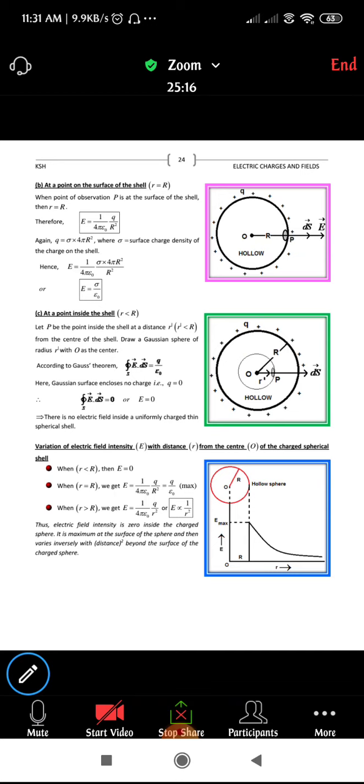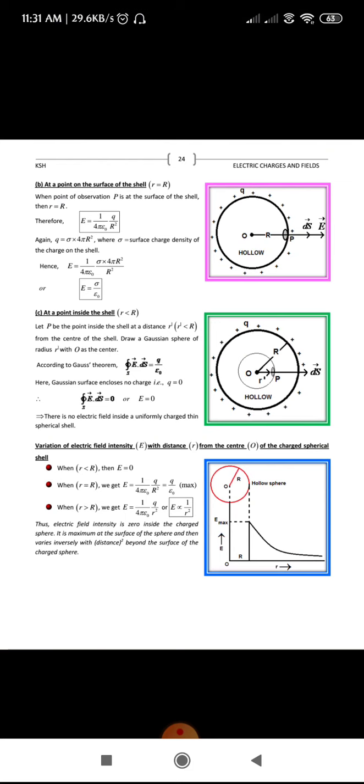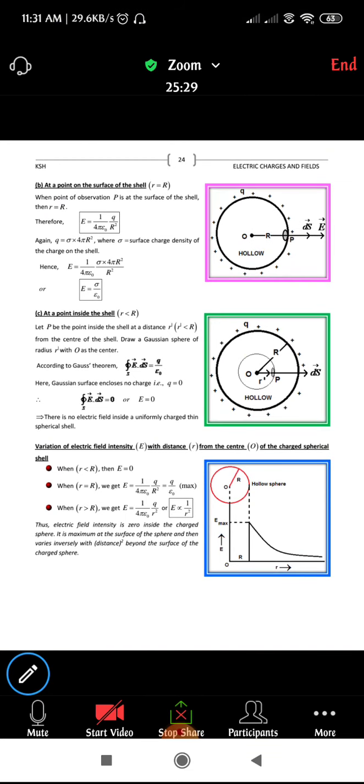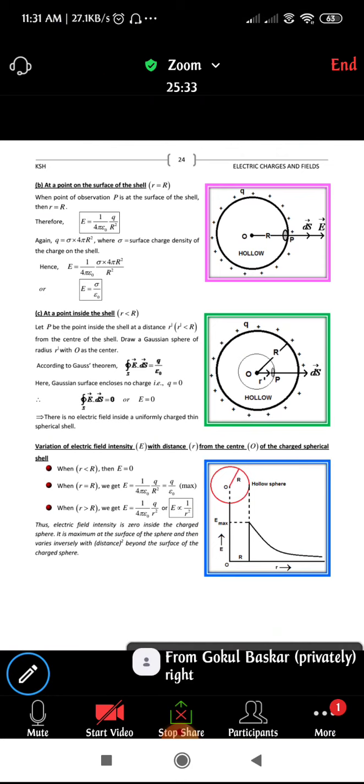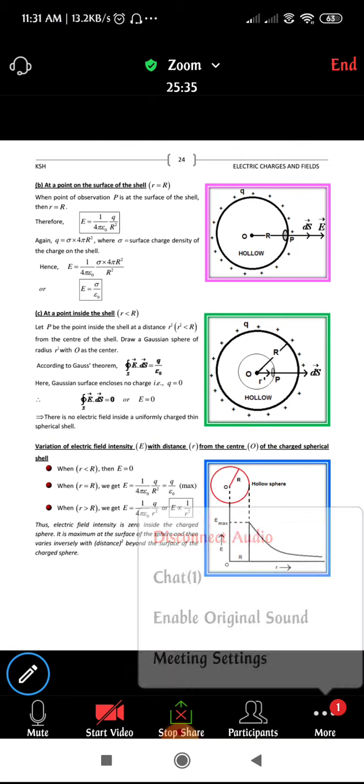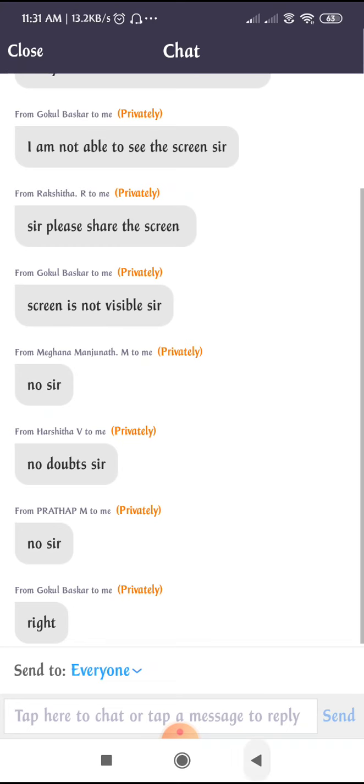Anyone? The direction of electric field. Is it towards the right? Gokul Bhaskar, right, towards the right.